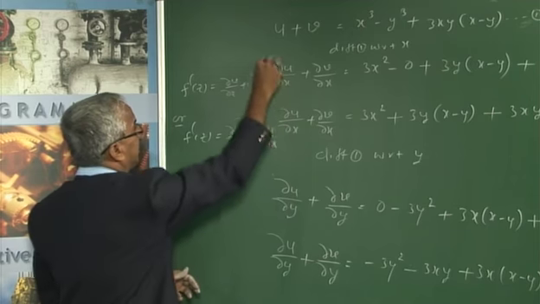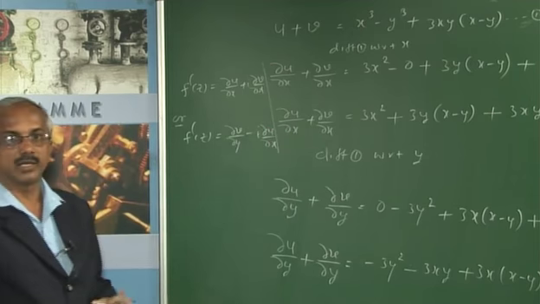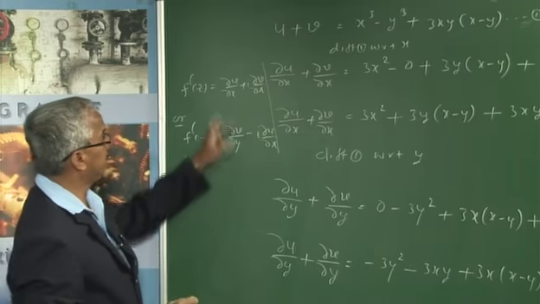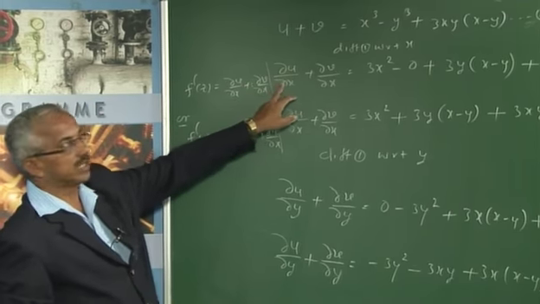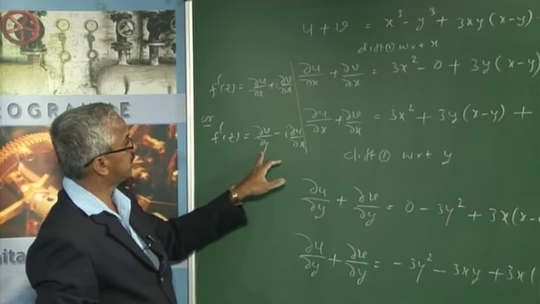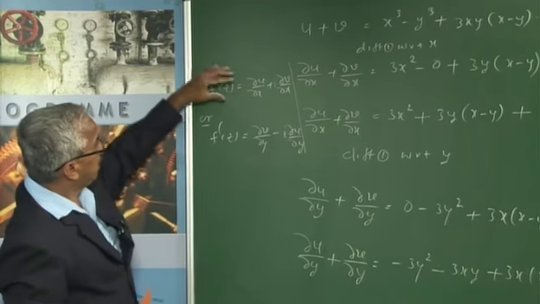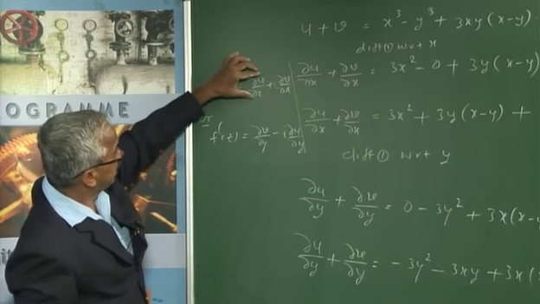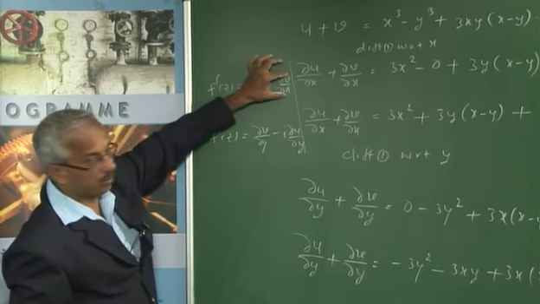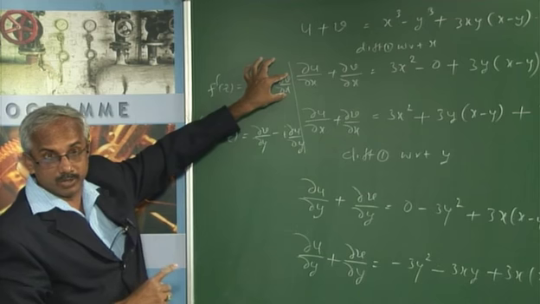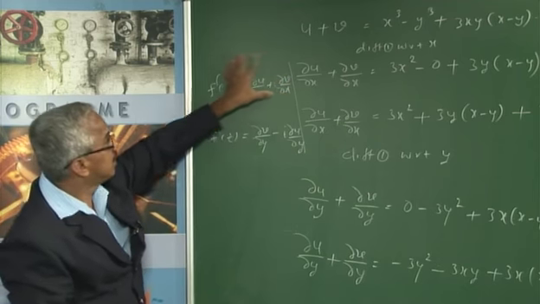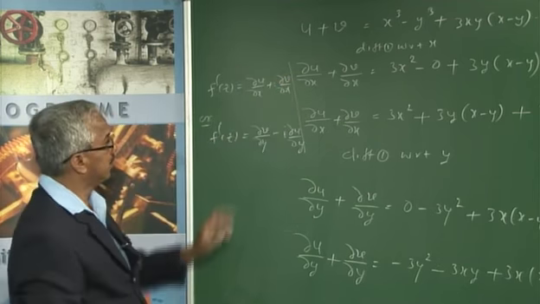In the beginning of today's class I gave the Cauchy-Riemann equations theorem, and how we get that: this is with the limit approaching along the x-axis, and this is the limit approaching along the y-axis. So either way I have to find out dou u by dou x and dou v by dou x, so that I can substitute here, and by using the Milne-Thomson method, I can get the result.